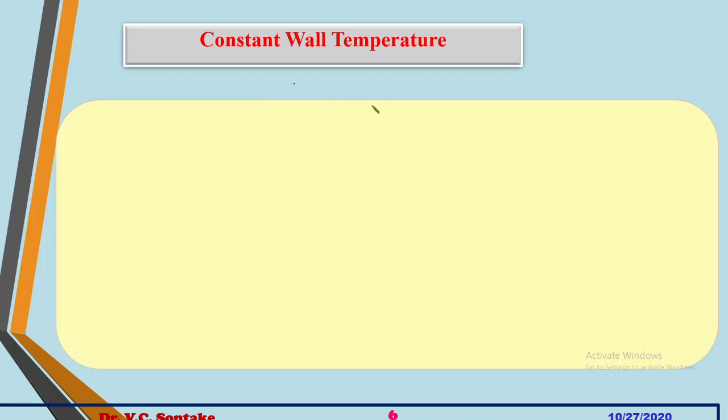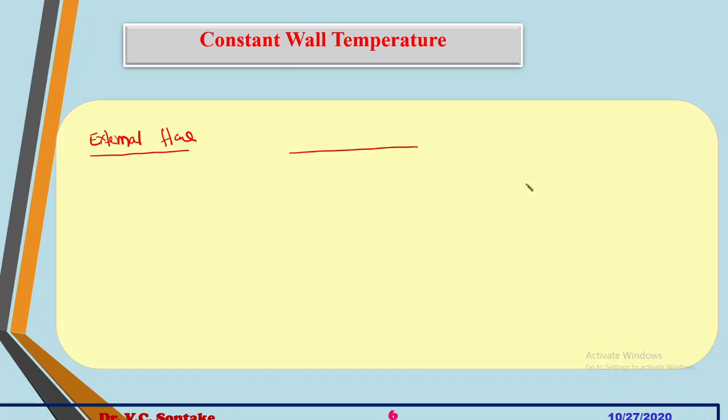So let us first discuss constant wall temperature boundary condition. Constant wall temperature boundary condition means, for example, here I am considering the surface is heated and fluid is cold. So in case of external flow, what do we mean by constant wall temperature boundary condition?